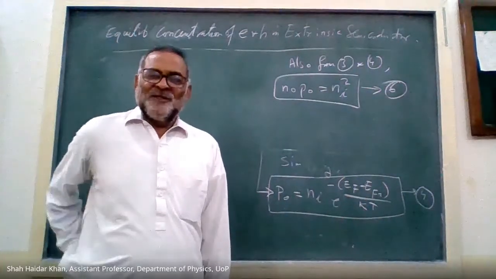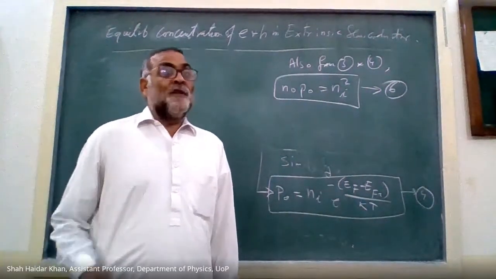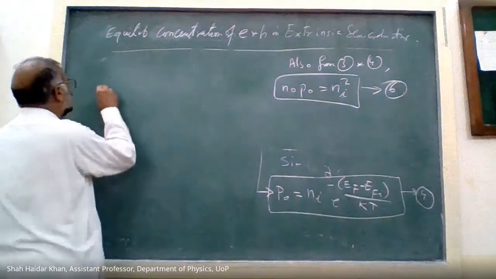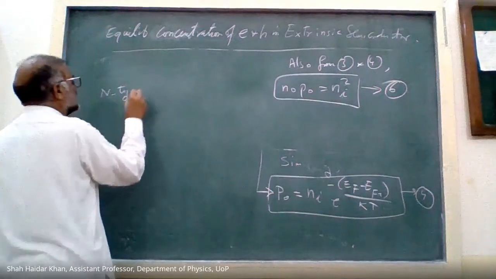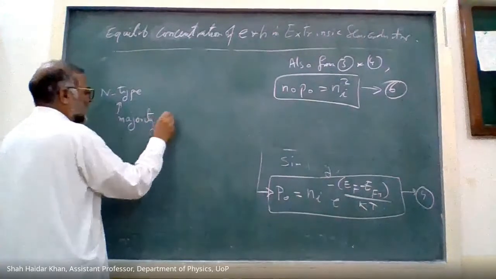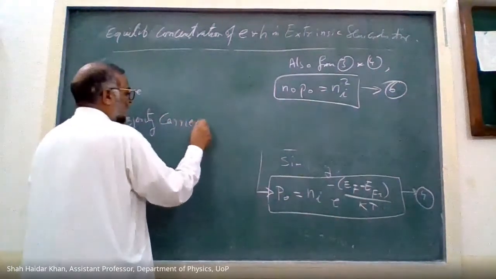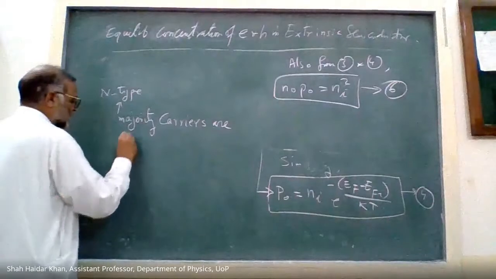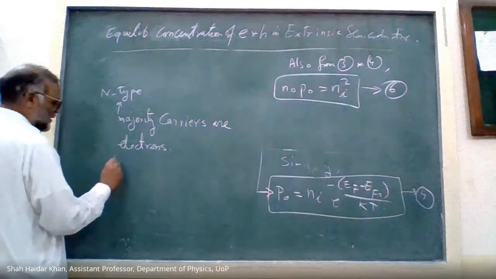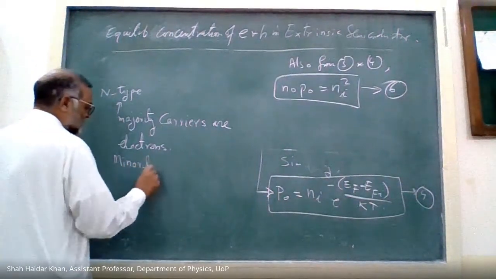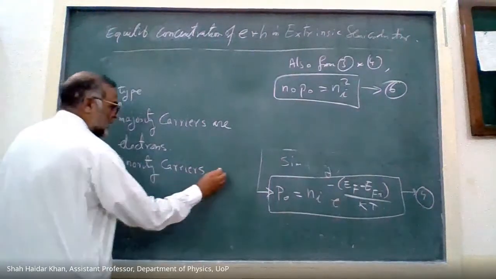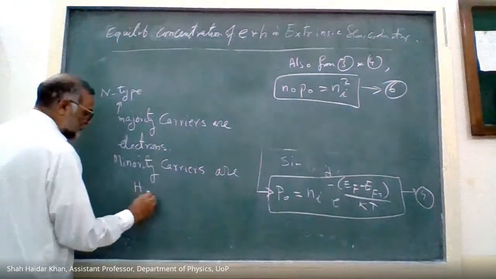So if the number of electrons is greater, we say the majority carriers are electrons, n-type, and minority carriers are holes.